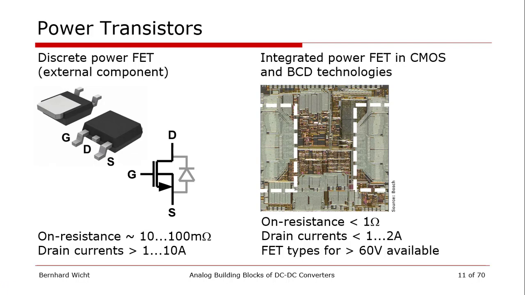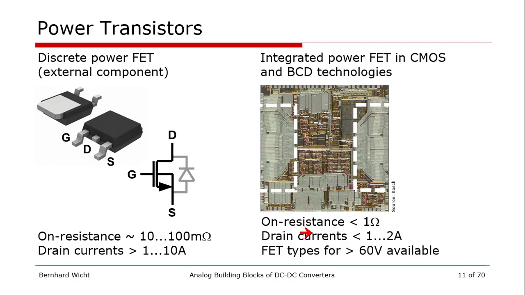If there is higher power, then we want to place an external power transistor. There are various types available for different voltage classes, different on resistances, different switching behavior, and so on. But it's really interesting to integrate those transistors on chip if the power levels are not too high. So what can we achieve?